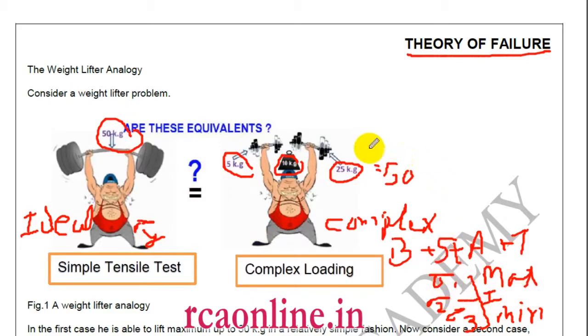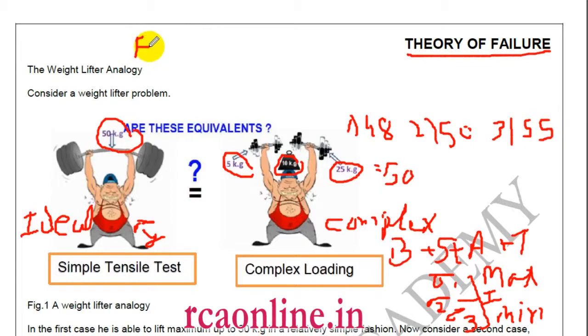So let us take 3 cases. First, the person is able to lift 48 kg. Second, the person is able to lift 50 kg, which is this condition. And third, the person is able to lift 55 kg. So what is my factor of safety? In the first condition the maximum allowable is 50, and he is able to lift 48.